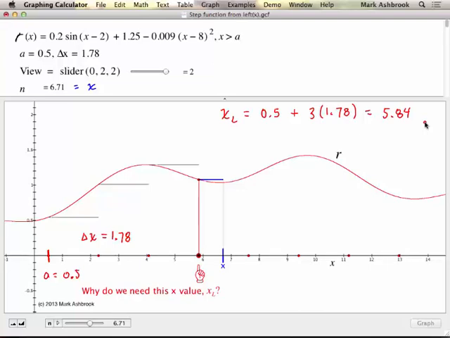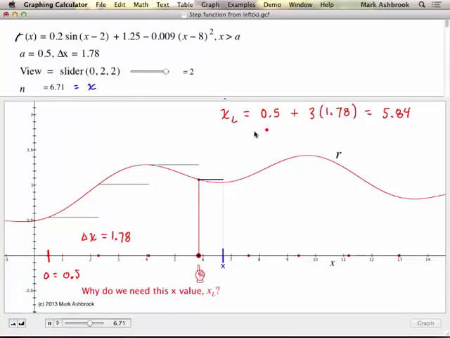What's the pretend rate at x equals 5? It's like 4.1, whatever this is. R of 4.16. Okay, but how would you find it exactly? It'd be 0.5 plus 2 full intervals would give you the x value that you'd plug into R to get the pretend rate at 5.